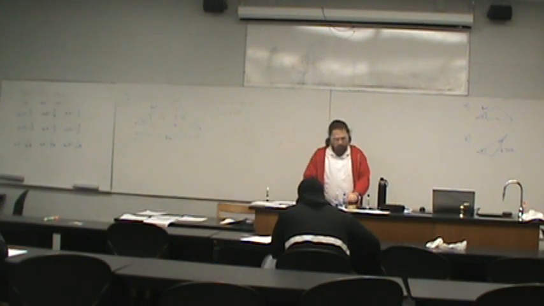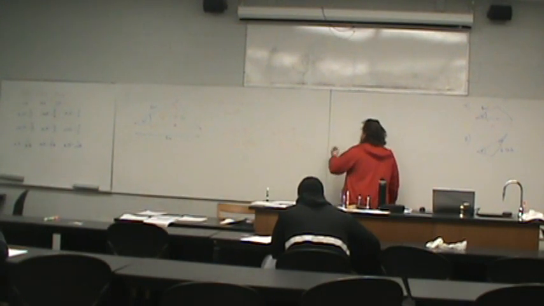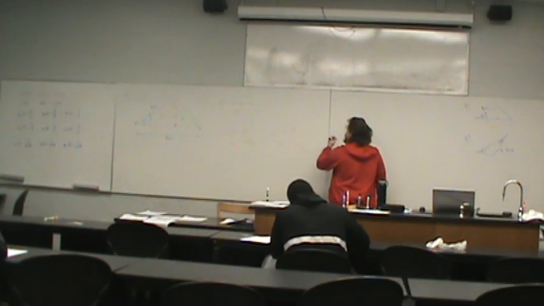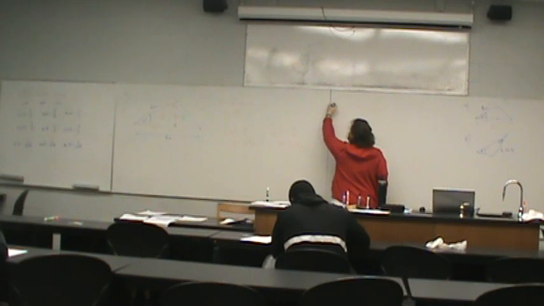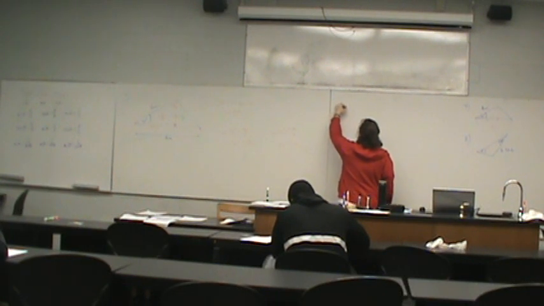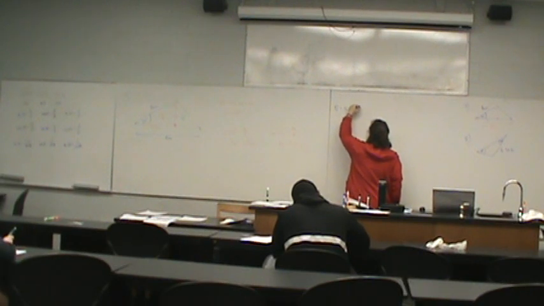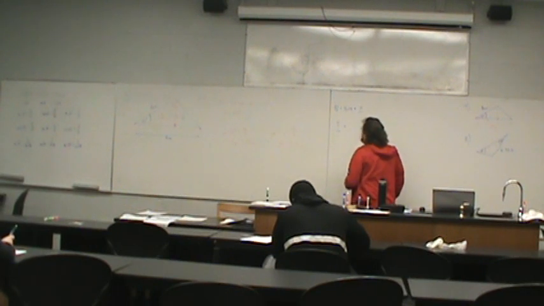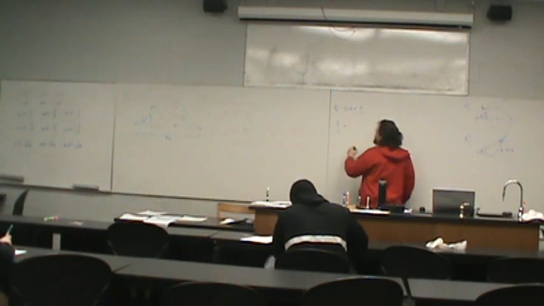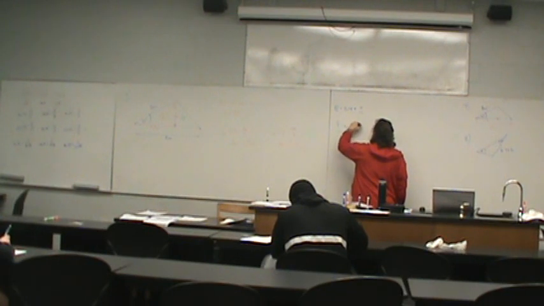I'm trying to use blue for things that relate to the entire triangle as a whole. 8 would be equal to the 5.14 plus whatever that other piece is. So that mystery adjacent leg should end up being about 2.86, I believe.